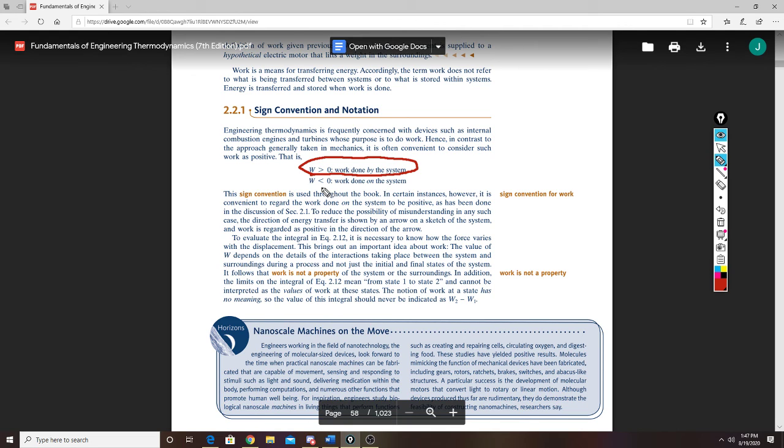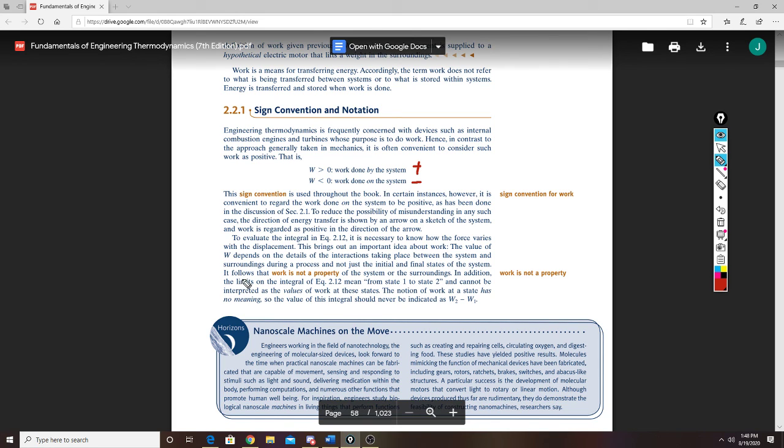So remember these things right here. So this is positive, this is negative. Okay? And this is pretty important when it comes to the sign convention for work. Heat transfer is the exact opposite of this. When we talk about heat transfer, which will probably be next, that'll be what we get into.